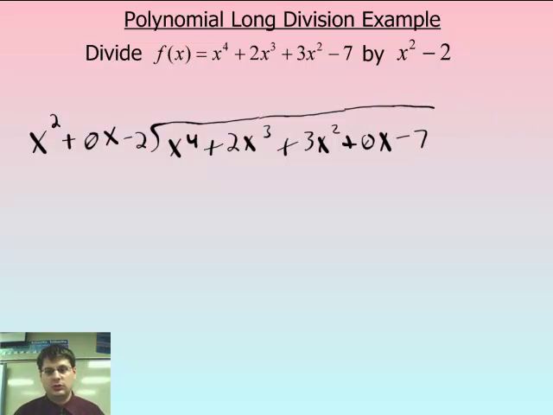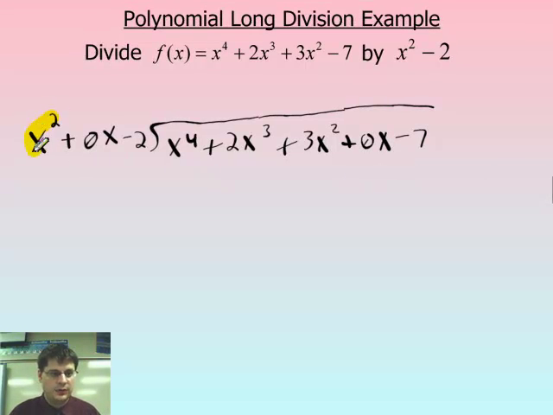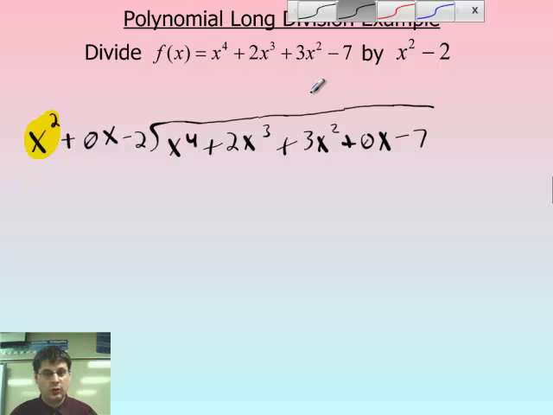Now, the crucial bit here is looking at the first term in our dividend and comparing it with the first term in the divisor. We ask ourselves, what do I have to multiply with x squared to give me x to the 4th? I would need to multiply by x squared.